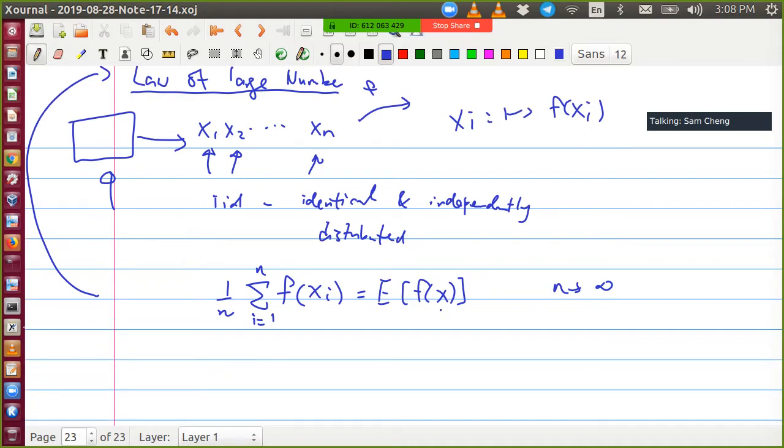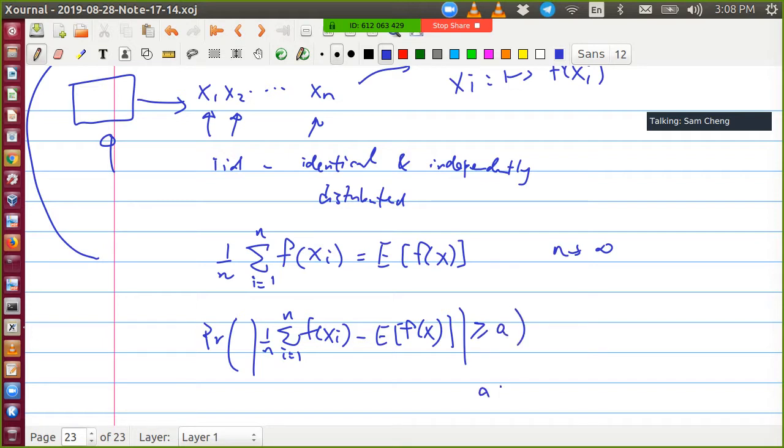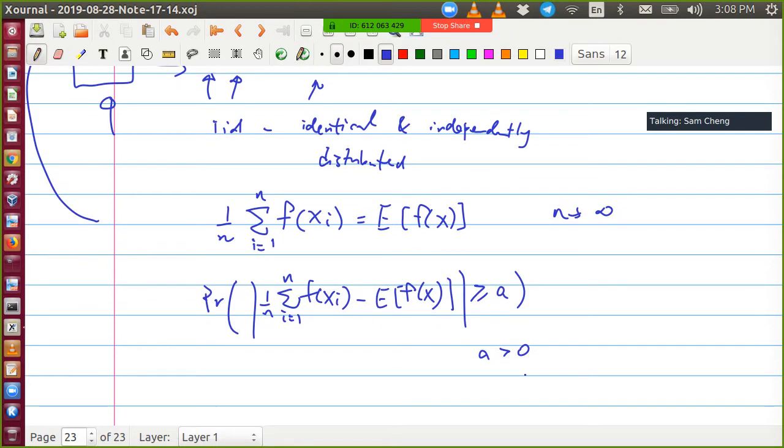Instead of claiming the average is exactly equal to the expected value, you claim that the probability of the average of the output of the sequence deviating from the expected value by more than any positive value a is less than or equal to the variance of f(x) over n a squared.